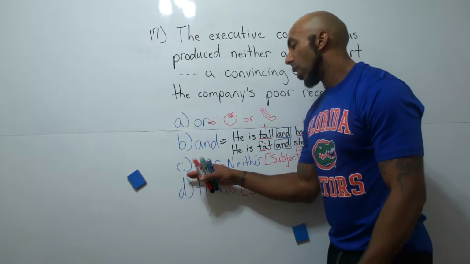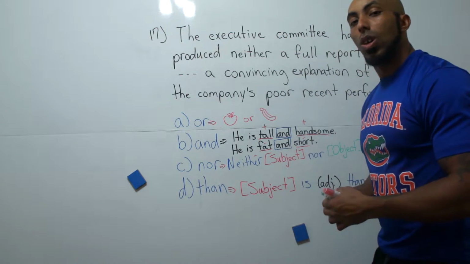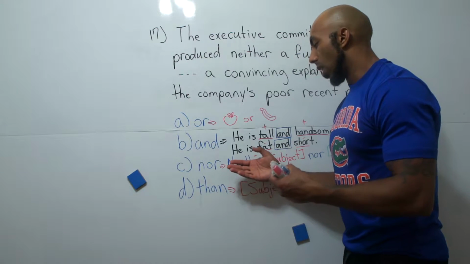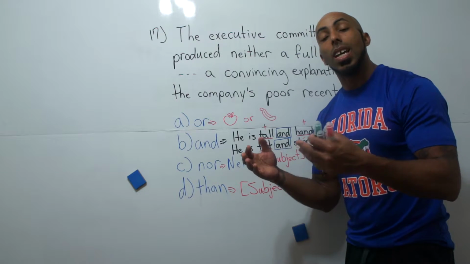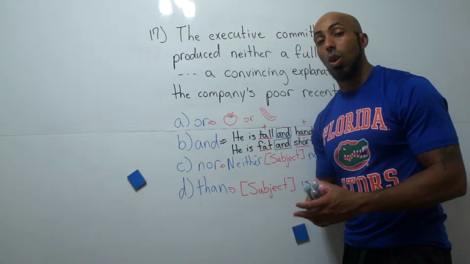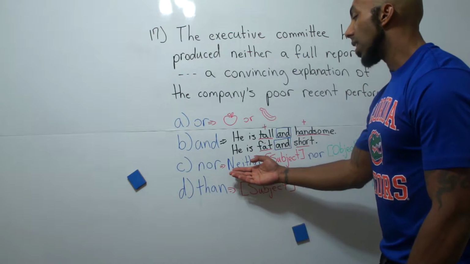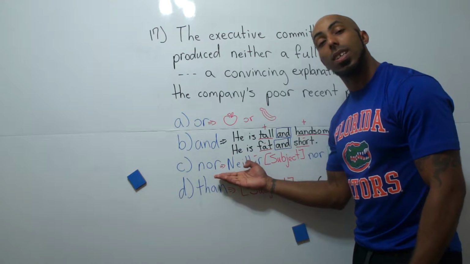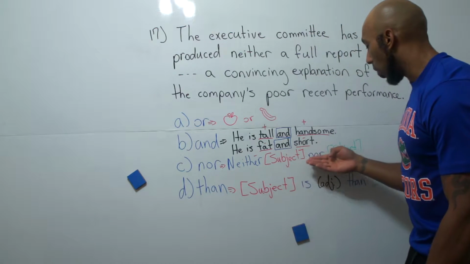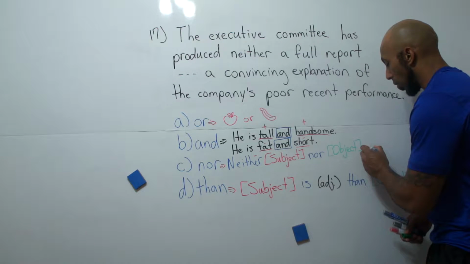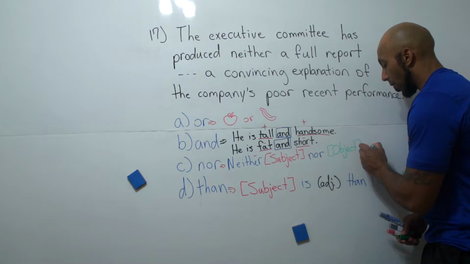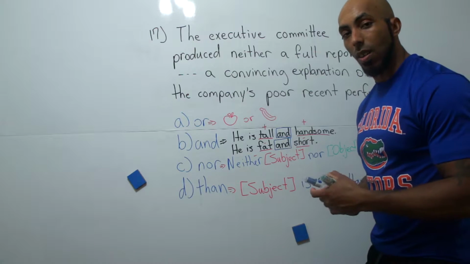Now, nor is specifically used to talk about the lack of something or the inability of something. Okay. Now here, this is how I've written this example. Neither subject nor object, and after that you could put anything. You can have a number of different kinds of sentences there.